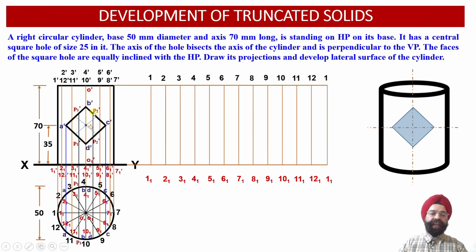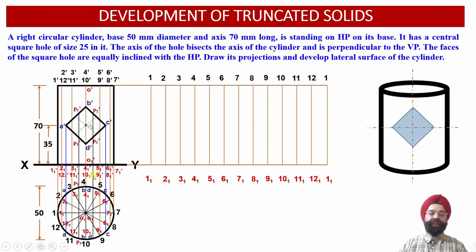So having obtained these 2 points of intersection which are not lying onto the vertical generator of this right circular cylinder, now we need to obtain the location of these points, that is P2, into the top view projections onto the circumference points over here.